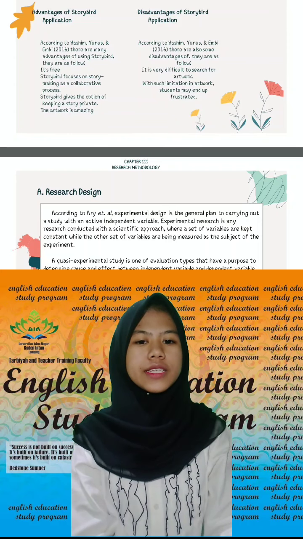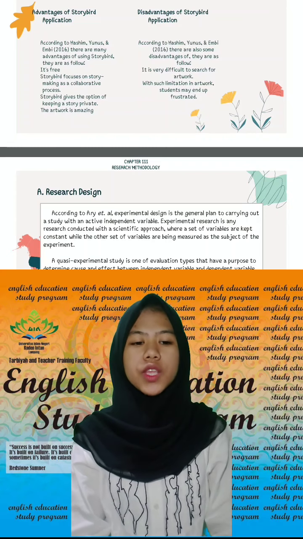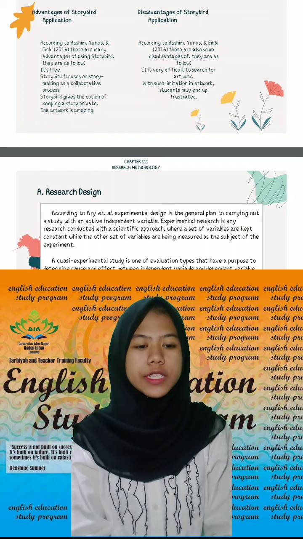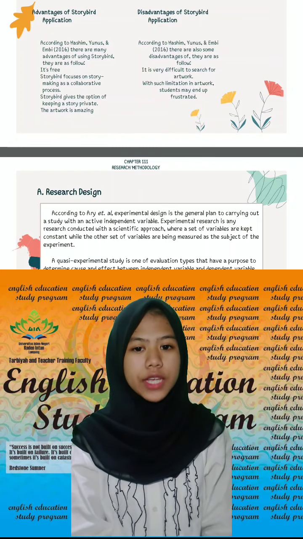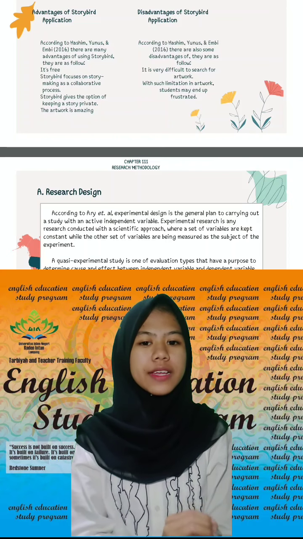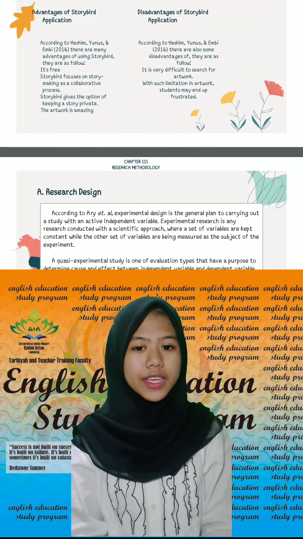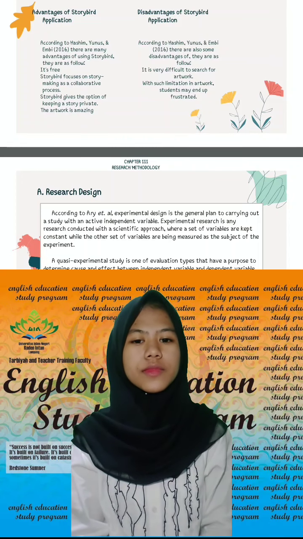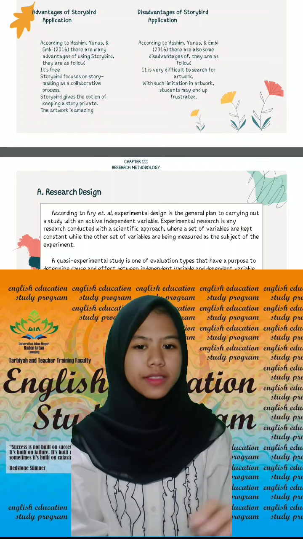And then the last advantage of this Storybird application is that Storybird gives the option of keeping a story private until the student is ready to share it. So we can save our writing text in this application, and when we are ready to publish this story, we can open the private writing text.